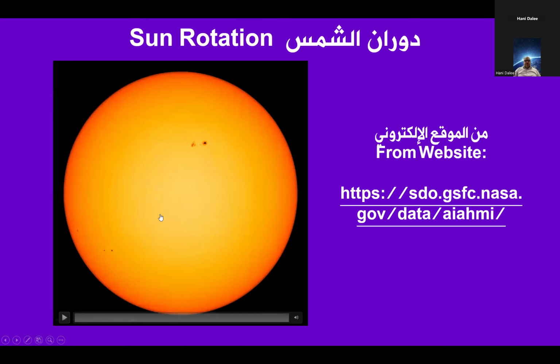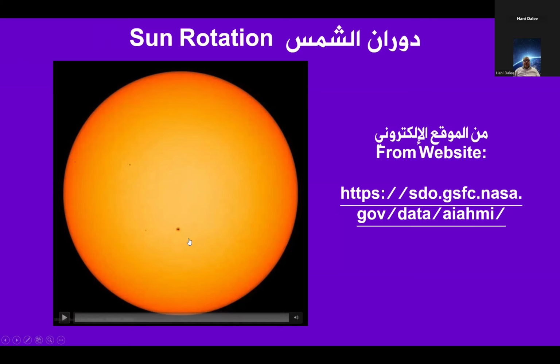Now, as you know, the sun is rotating, and how could we know that it rotates? Due to the motion of the sunspots on the face of the sun itself. They appear moving, and this motion is relative and has something called differential rotation.